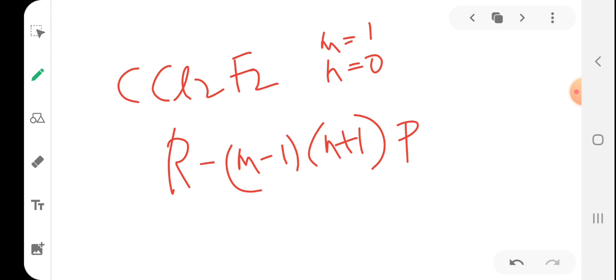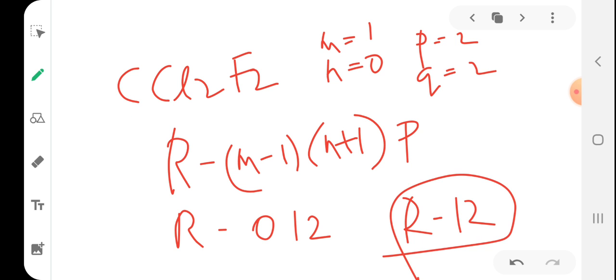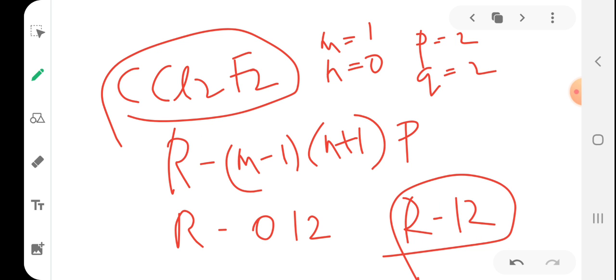And there is no hydrogen. p is equal to 2, q is also equal to 2. So R, m minus 1 means 1 minus 1, 0, n plus 1 is 0 plus 1, 1, p is 2. So R012 can be written as R12 itself. So the name for this is R12.